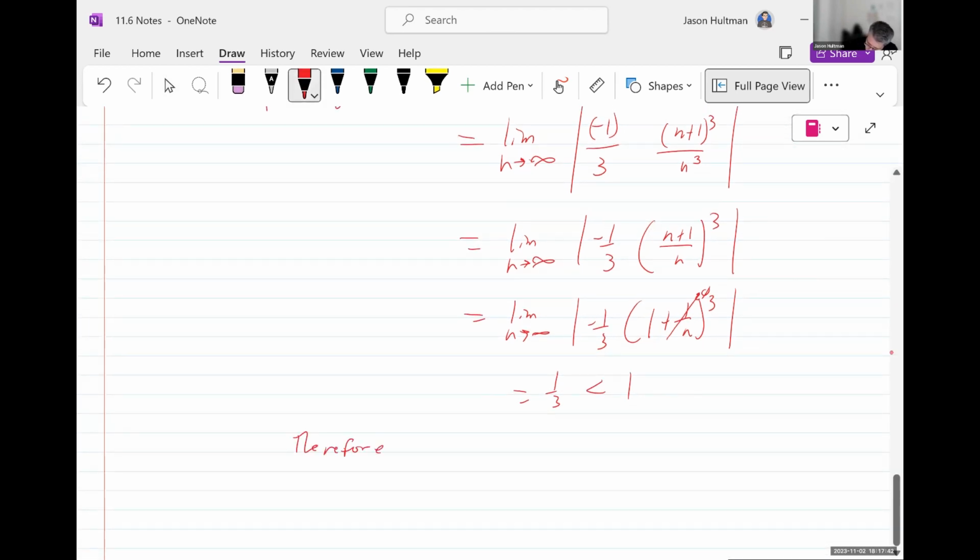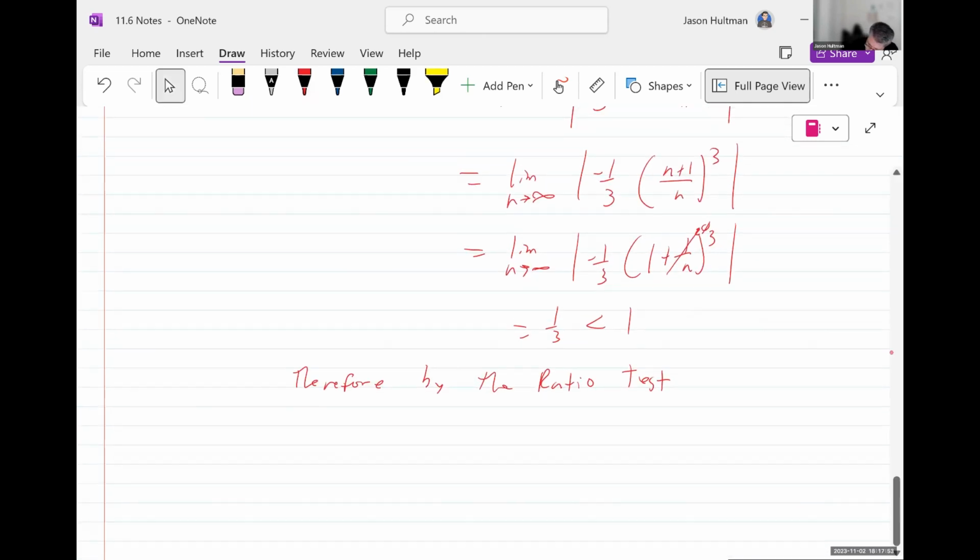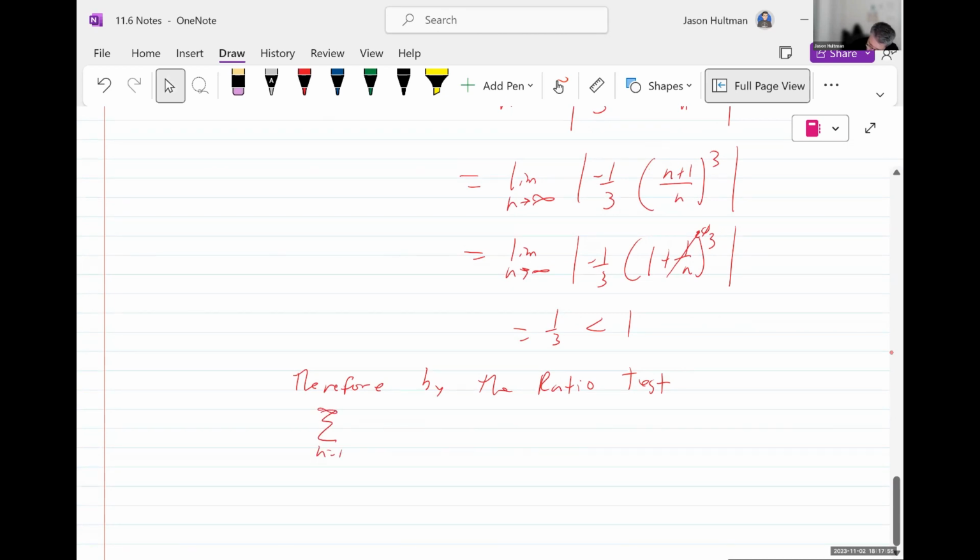Therefore, by the ratio, you have to tell me what test you used. By the ratio test, okay, this series, n equals 1 to infinity, of negative 1 to the nth term of n cubed over 3 to the n is absolutely convergent.